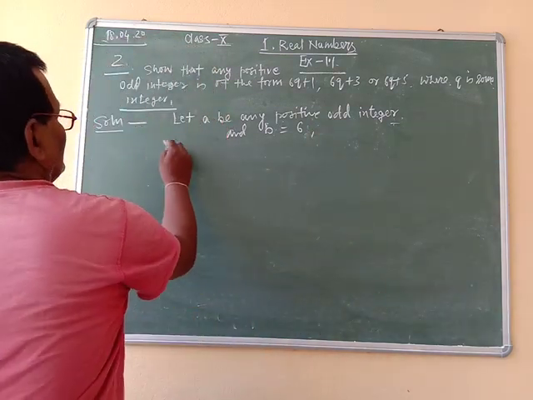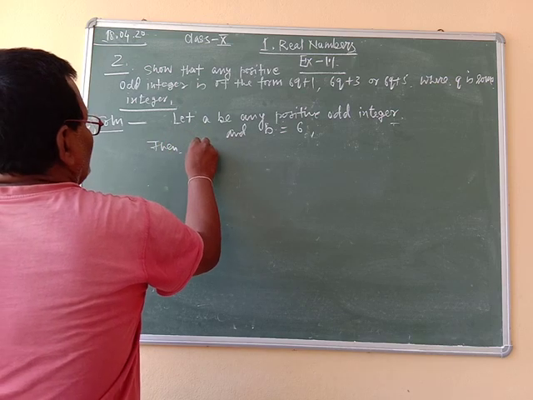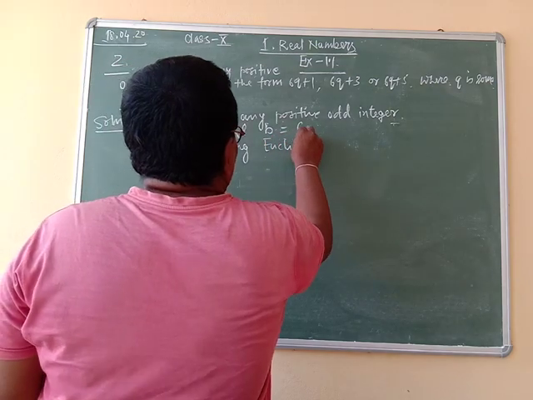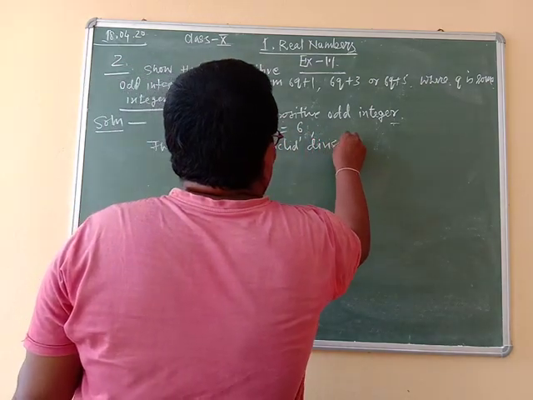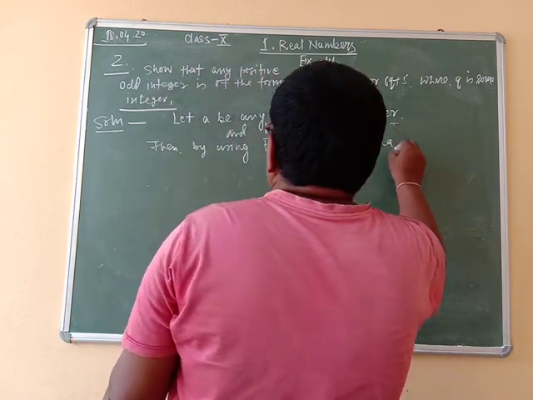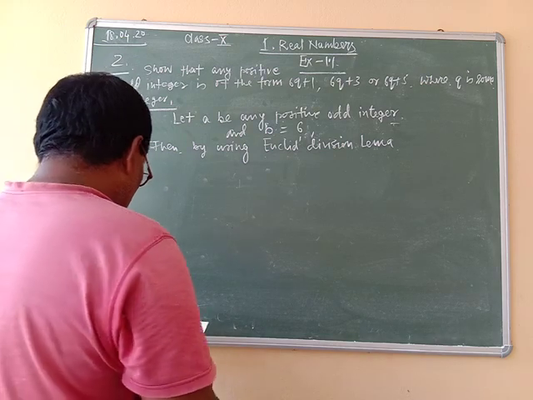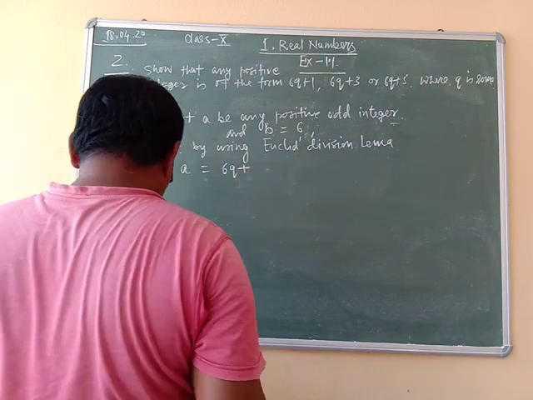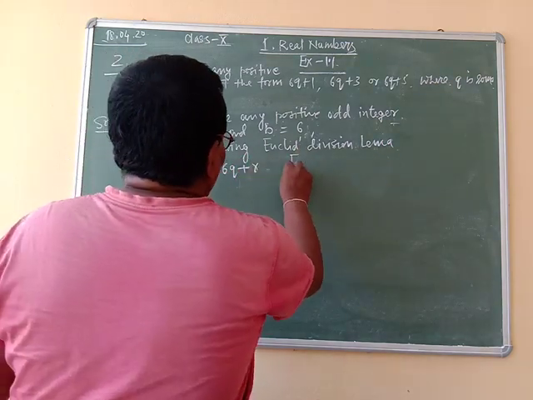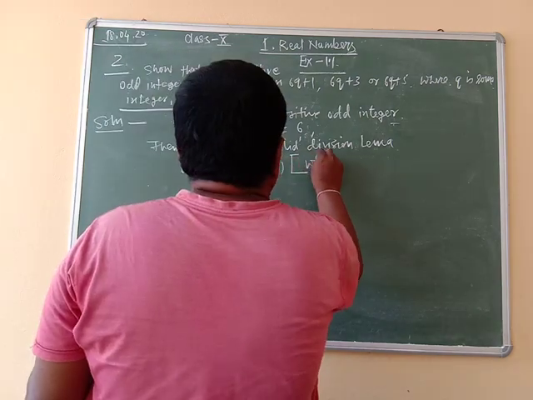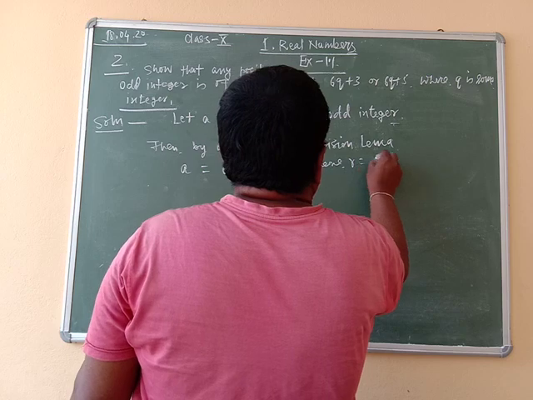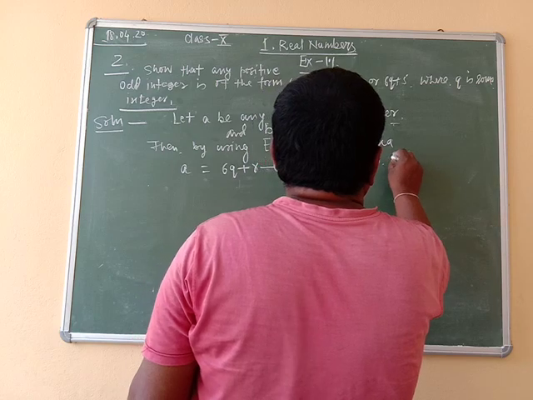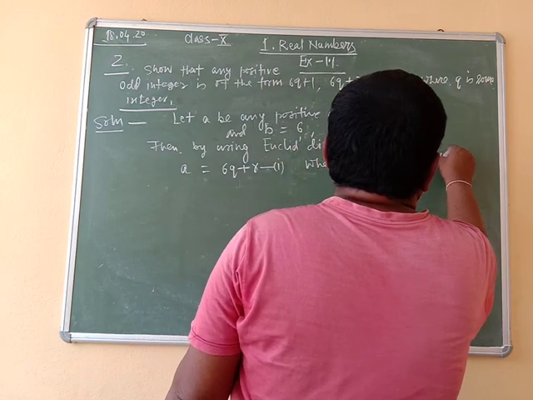Then by using Euclid's division lemma, a equals 6q plus r, where r is equal to 0, 1, 2, 3, 4, 5.